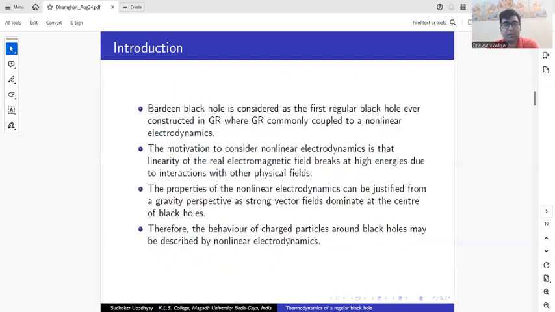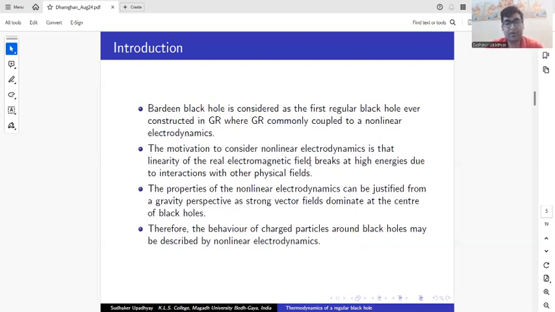The Bardeen black hole is considered the first regular black hole solution constructed in GR, where GR is coupled to nonlinear electrodynamics. The motivation to consider nonlinear electrodynamics is that the linearity of the real electromagnetic field, or Maxwell theory, breaks down at high energy due to interaction with other physical fields.